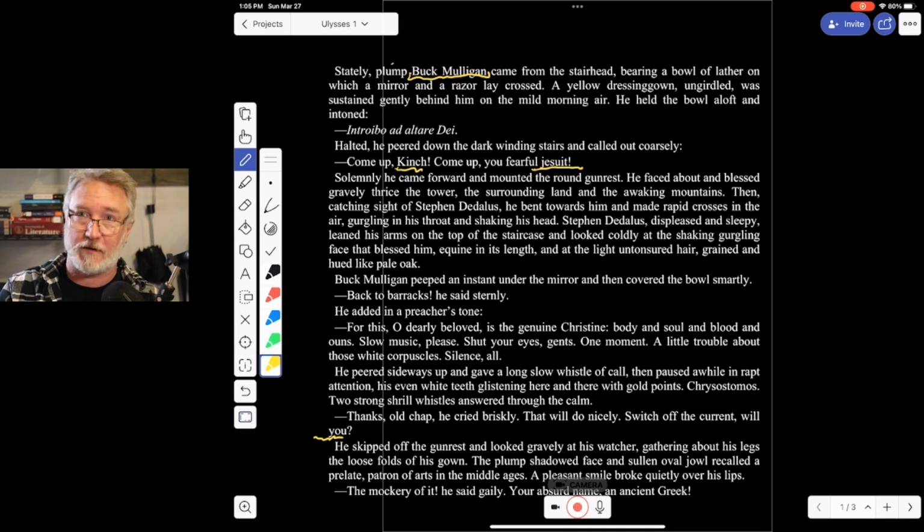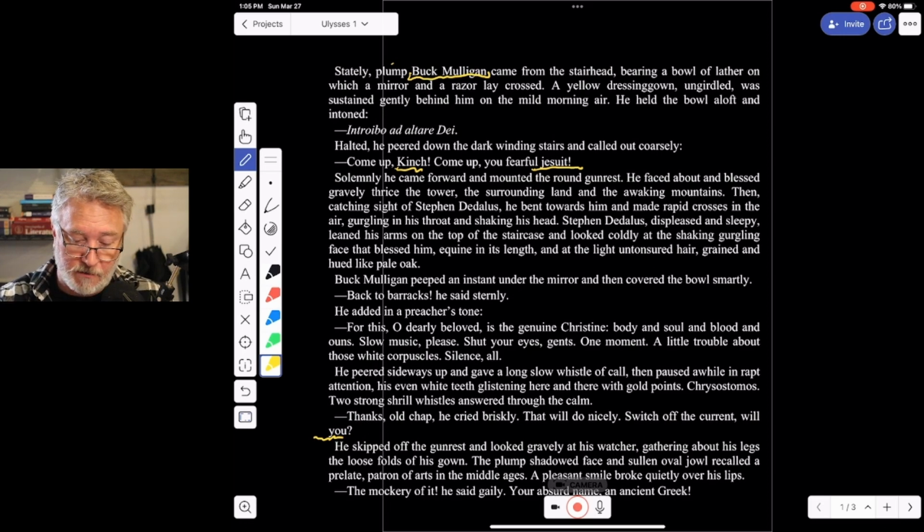But in Portrait of the Artist, Stephen Daedalus quite seriously considers, and I think James Joyce even considered himself, because Portrait is kind of autobiographical, joining the church and becoming a priest. So Mulligan calls him a fearful Jesuit. But even if you didn't know that, you would shortly realize he's talking to Stephen Daedalus.